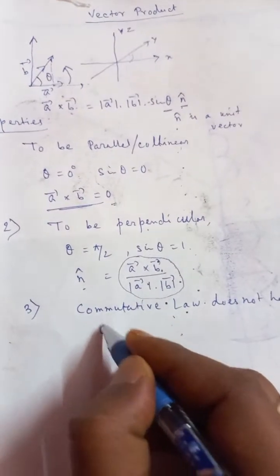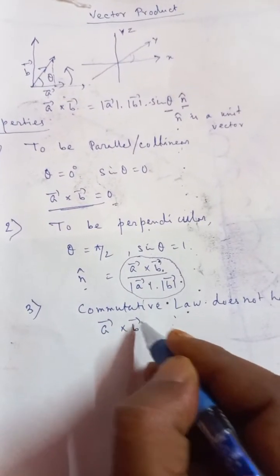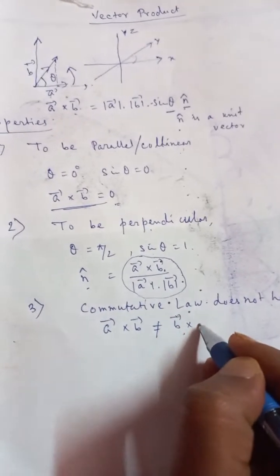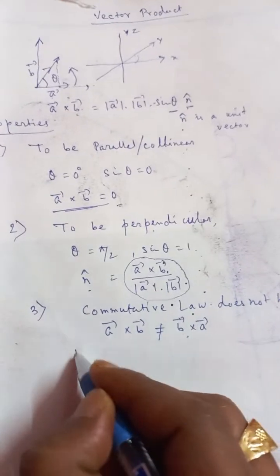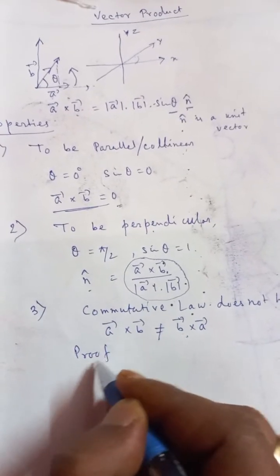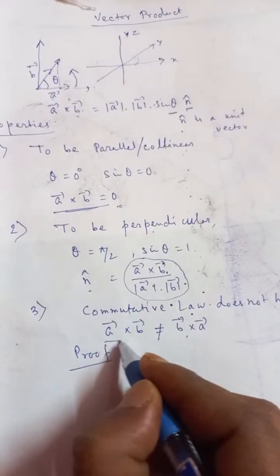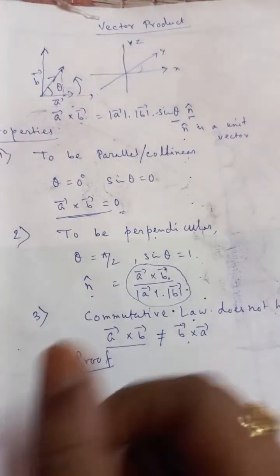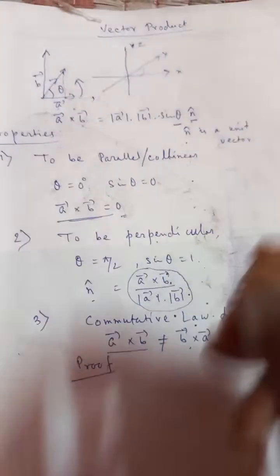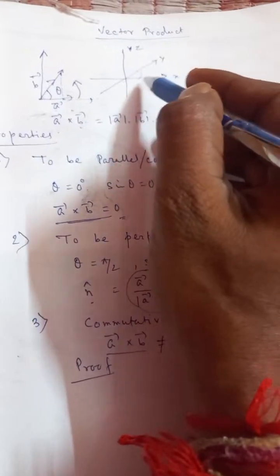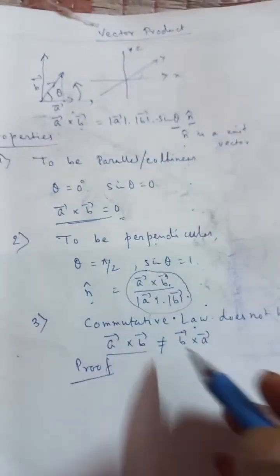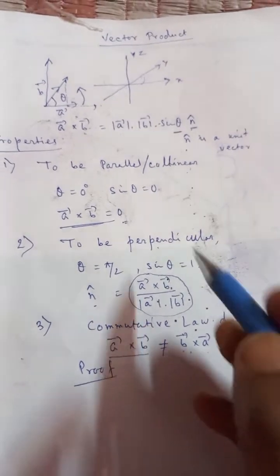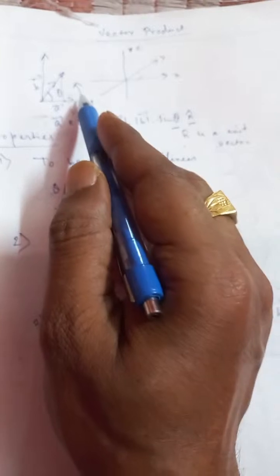It means that A vector cross B vector does not equal B vector cross A vector. We can prove this in this way: for A vector cross B vector, the rotation is anti-clockwise from A vector to B vector. And when we take B vector cross A vector, the direction will be clockwise.